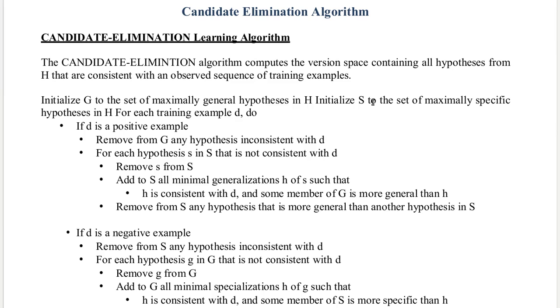Candidate elimination algorithm computes the version space containing all hypotheses from H that are consistent with an observed sequence of training examples. First, initialize the general boundary G to the set of maximally general hypotheses in H and initialize S to the set of maximally specific hypotheses in H. Then for each training example, do the following.